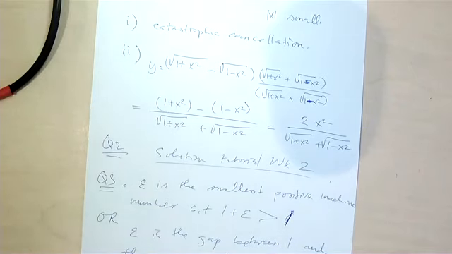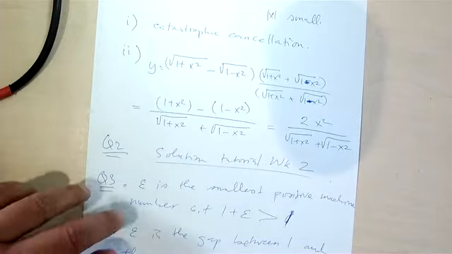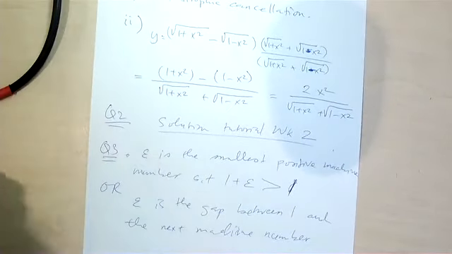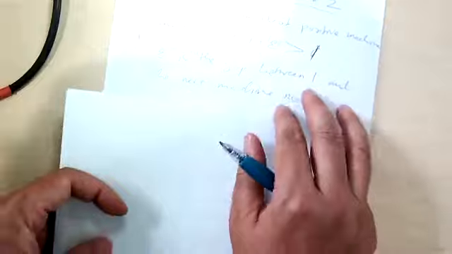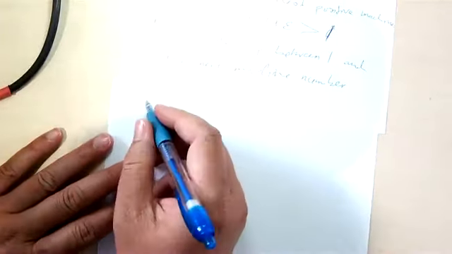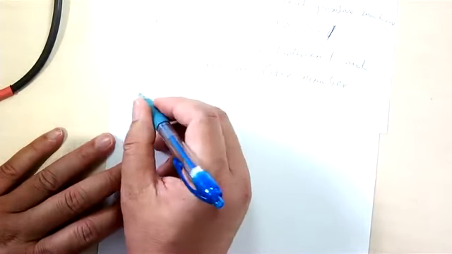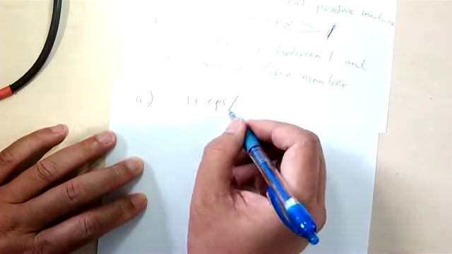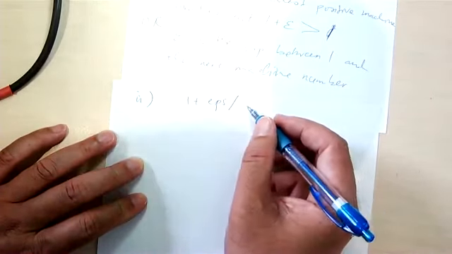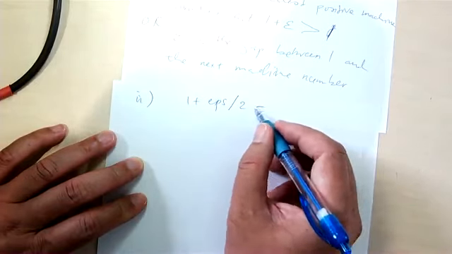So give the results for this one. You can double check with MATLAB. So 1 plus epsilon over 2 equal 1.